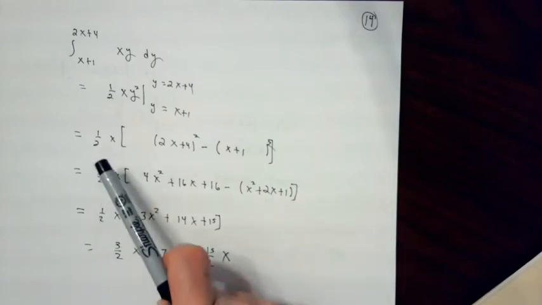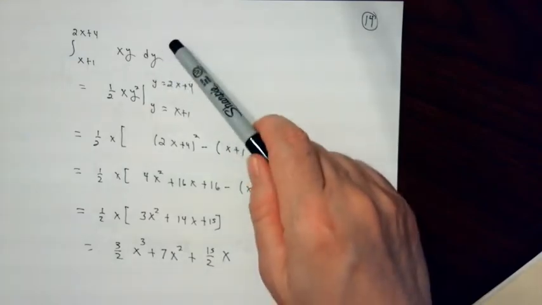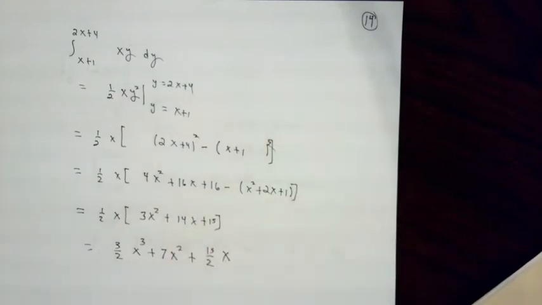I factored the 1/2 x out to get it out of the way, and assuming that I've done all of my algebra correctly, the value of this integral is 3/2 x cubed plus 7x squared plus 15 over 2 x.